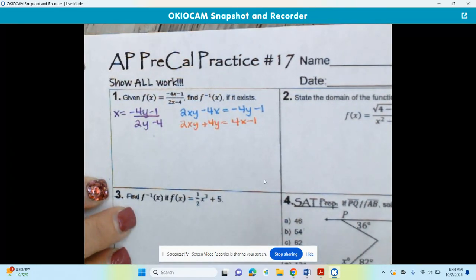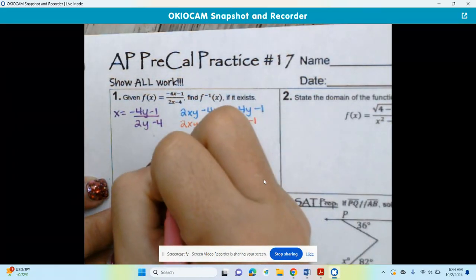Okay, so now remember the goal is to get y by itself. So at this point, I'm going to see here that I have these two y's that I'm going to factor out.